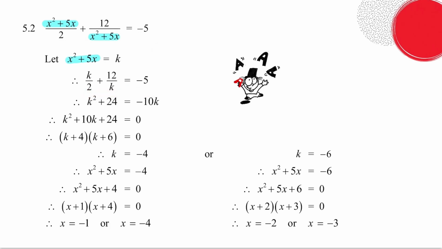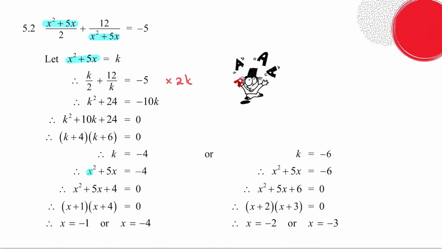And now what I can do is multiply by my common denominator, which is 2k. So I multiply every term by 2k, and I get that. Write it in standard form, factorize the trinomial, and I get 2 values for k. But remember, I'm not solving for k, I'm solving for x.